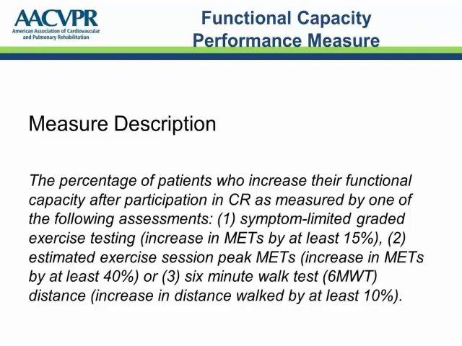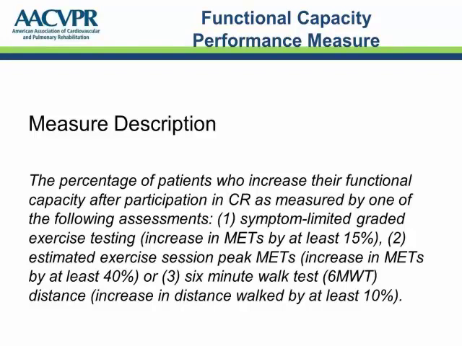The percentage of patients who increase their functional capacity after participation in cardiac rehab is measured by one of the following assessments. 1, a symptom-limited graded exercise test showing an increase in METs by at least 15%. Second, estimated exercise session peak METs showing an increase in METs of at least 40%.